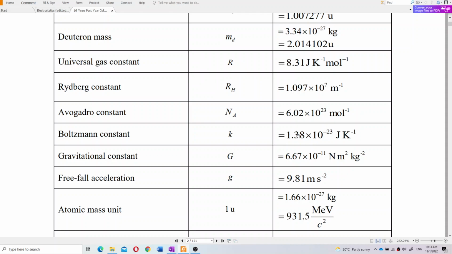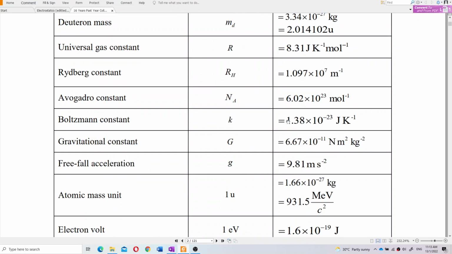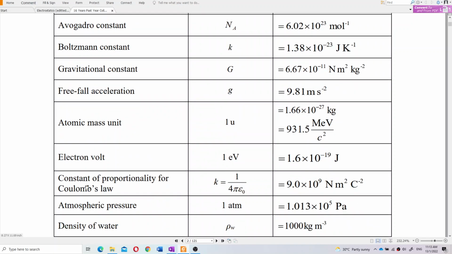This one is from semester 1, the time you learn about the kinetic theory of gas and thermodynamics. You use the Boltzmann constant there, so don't use this value. So where is the K value? This one, the constant of proportionality for Coulomb's law.